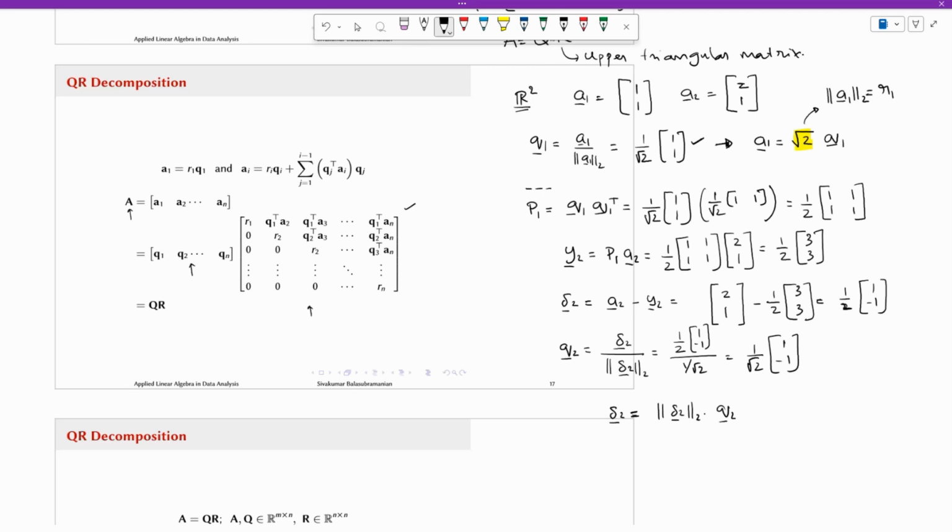But what is del 2? Del 2 is this, right? Del 2 is some A2. Yeah, here. But what we have on the left-hand side is not A2.